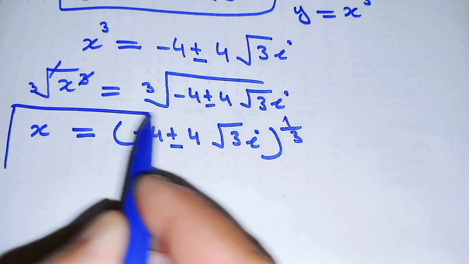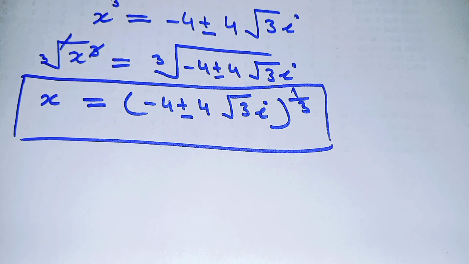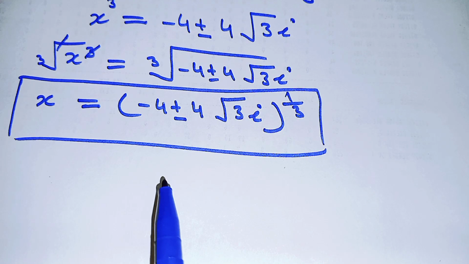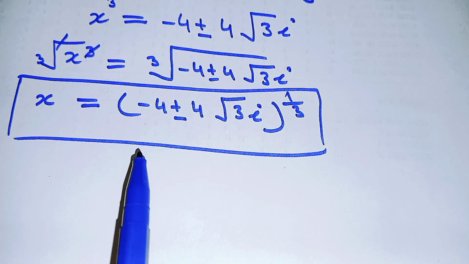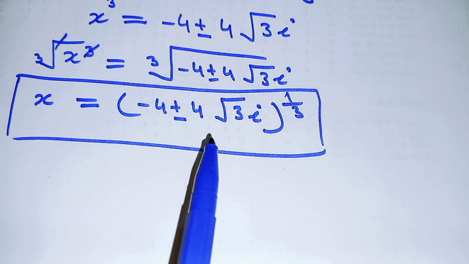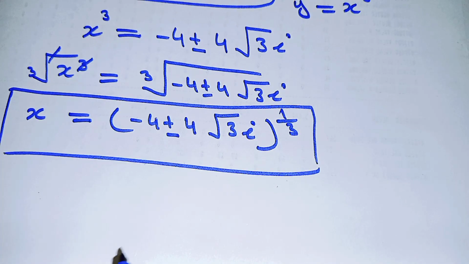Now here the value of x is here, and this is another imaginary root of our x. Now in this place we have 6 roots, so these 6 roots plus the previous 3 roots make 9 roots, both the real roots and the imaginary roots of the ninth degree polynomial equation.